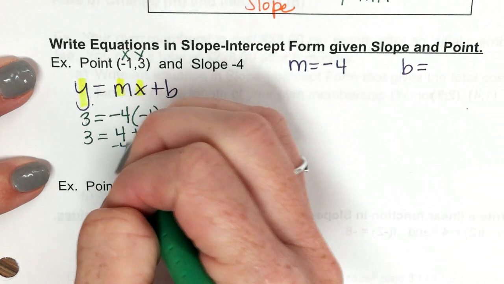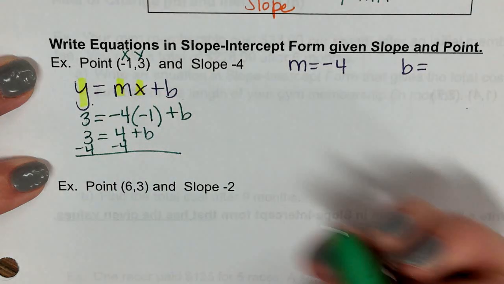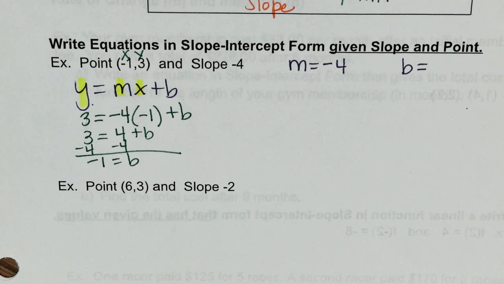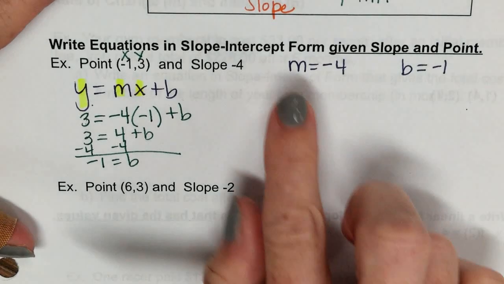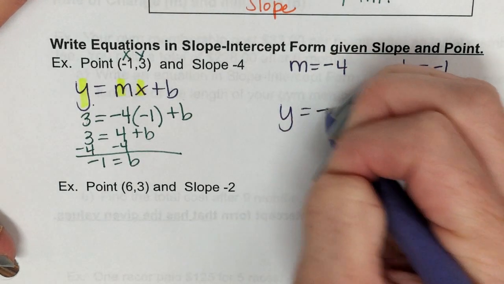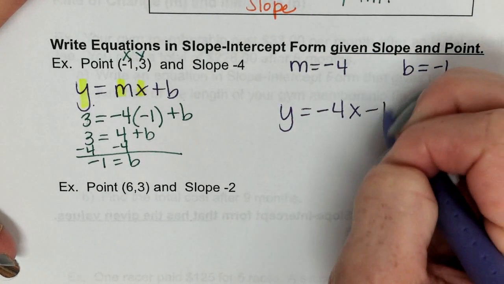Subtract 4. 3 minus 4 is -1. So now I have an m and a b. I can write my equation. Y equals -4x minus 1.